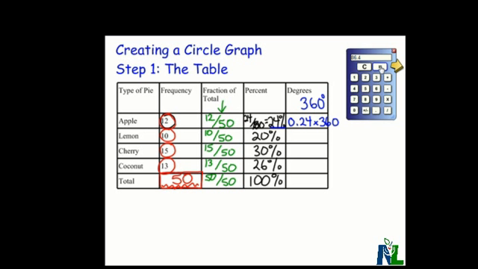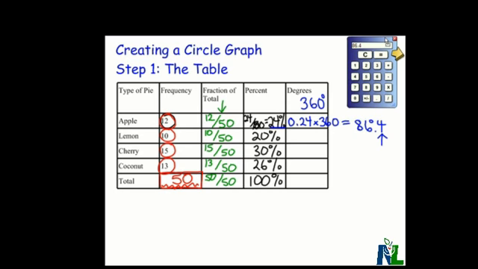Now, we're going to want to round that off to a whole degree. We don't want to draw a little tiny piece. So, of course, we're going to look at the number that's after the decimal place. If it's 5 or greater, we round up. However, in this case, it's less than 5, so we leave it at 86 degrees. And that's what we're going to draw using our protractor.